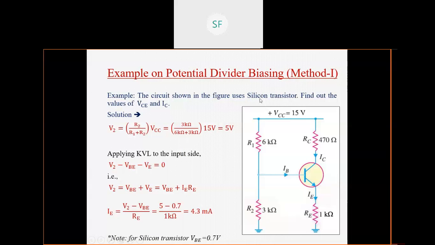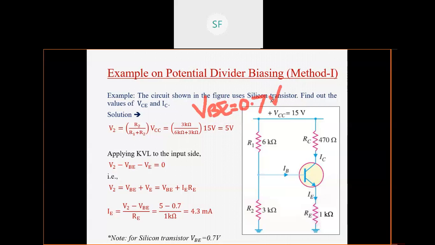So a silicon transistor will give you the value of VBE. Always remember, for silicon, VBE is given as 0.7. We have discussed this in an earlier session. For a silicon transistor, VBE is 0.7 volt. If it is given then it is good, you can use that particular value.